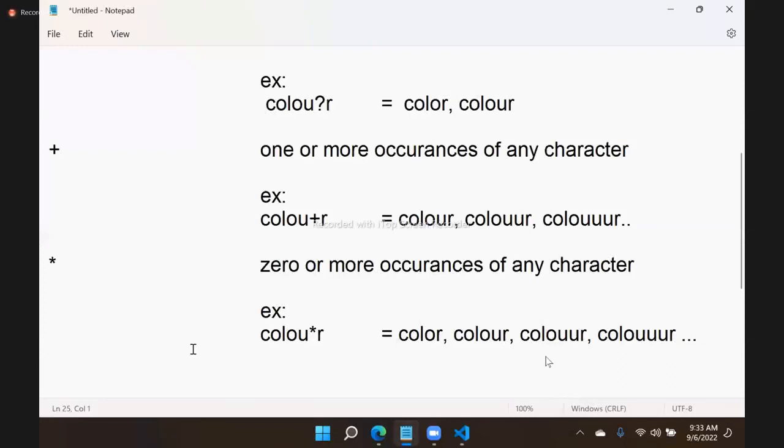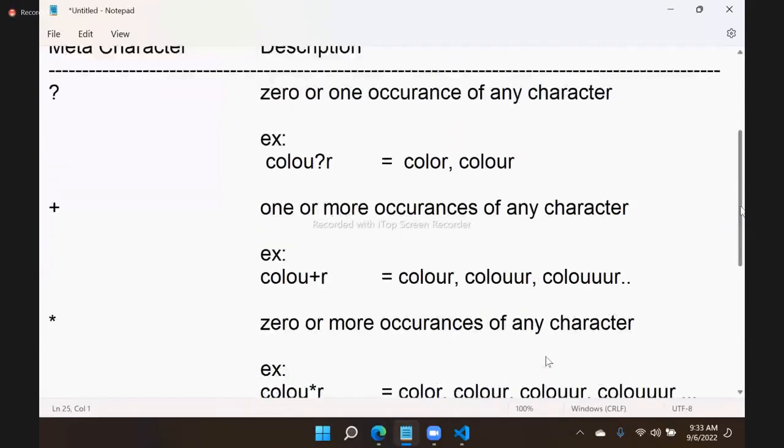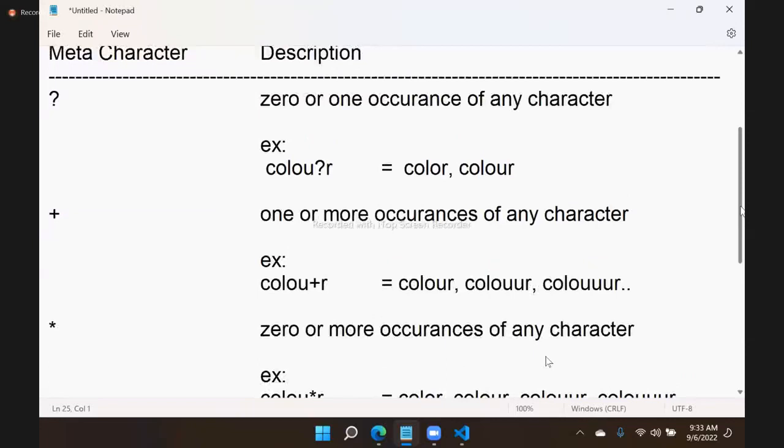So we can restrict by using this. We have question mark, which means 0 or 1 occurrence. That means the character can be 0 times or 1. What is the difference between question mark and asterisk? For question mark the occurrence can be only once, but for asterisk the occurrence can be more than one.